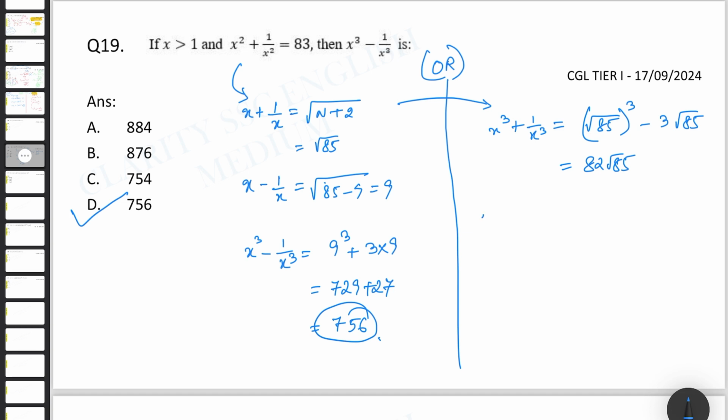And after this, we can find x cubed minus 1 by x cubed. It's nothing but root over n minus 4, as we've already told you: 82 root over 85 whole squared minus 4. So by solving this, you can get 756 also.